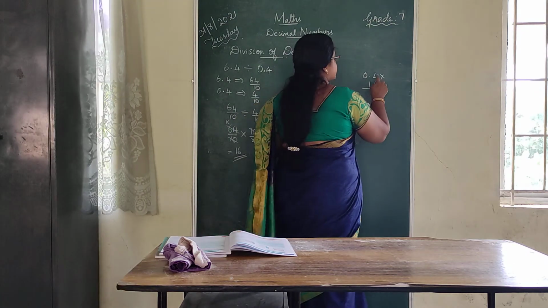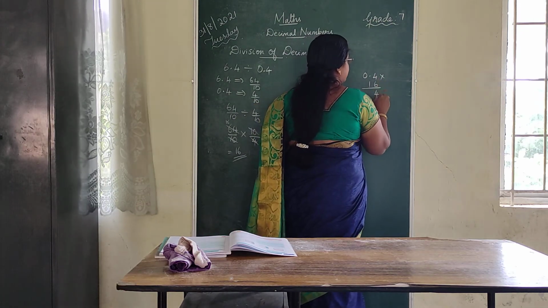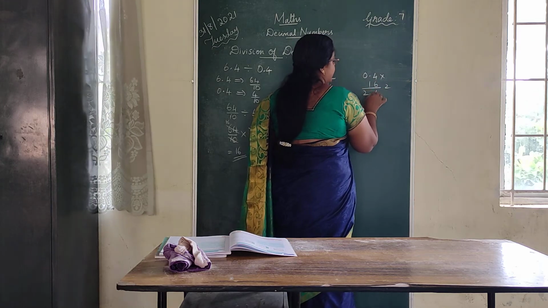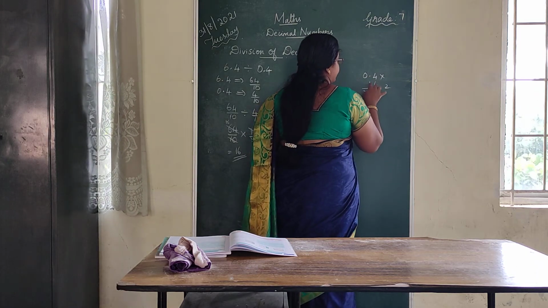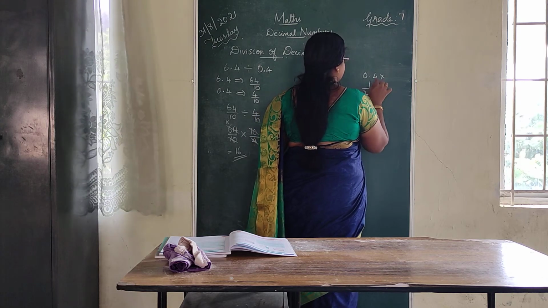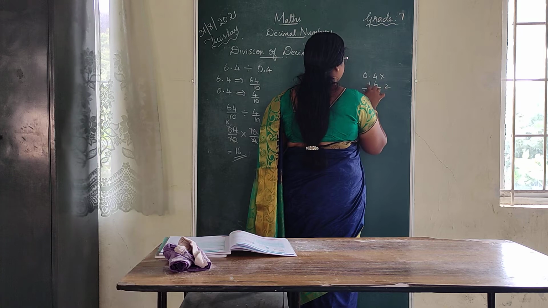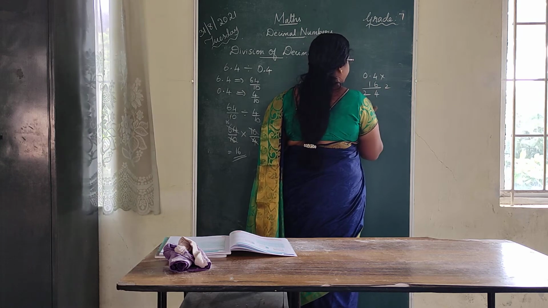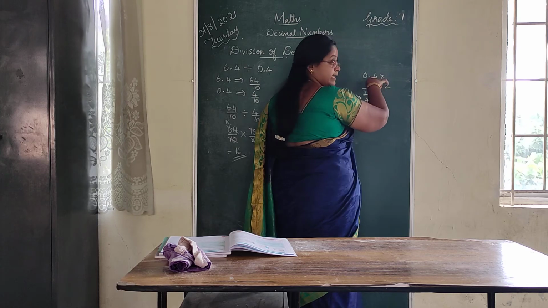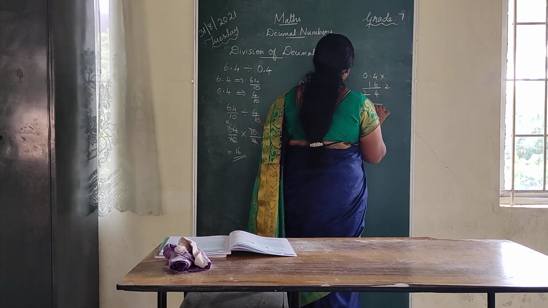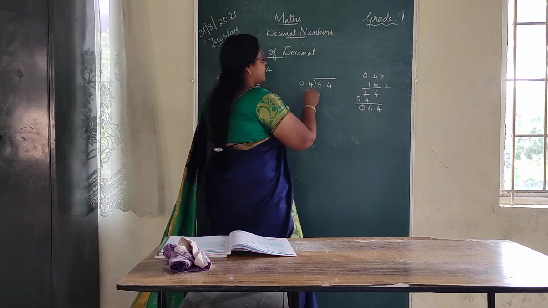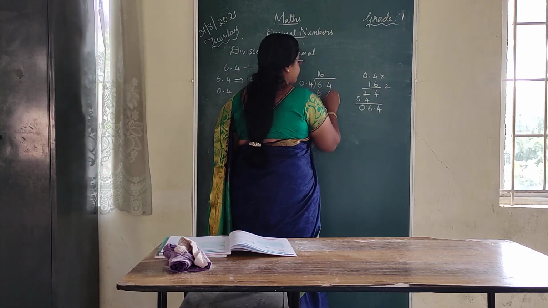Okay, 16, 6 4s are 24, 2 and 6 0 is 0, 0 plus 2 is 2, and 1 4 is 4, and 1 0 is 0. Okay, then 4, 6, 0. Here only one decimal place, so we have to put one decimal place. See, 6.4 we get it. So we are writing 16 and 6.4.